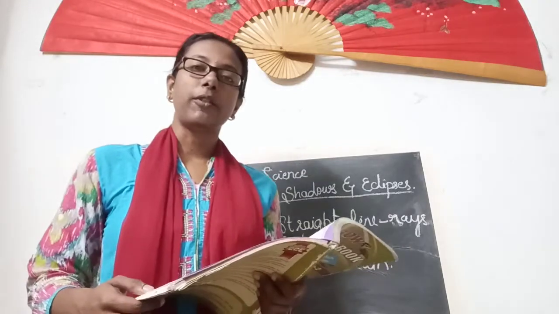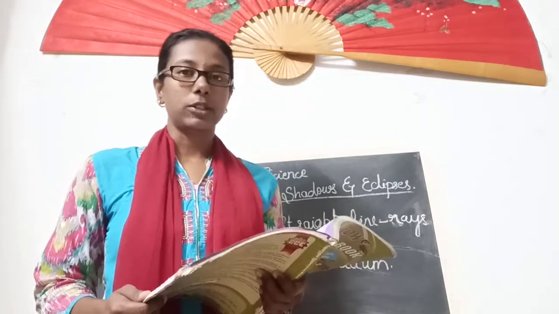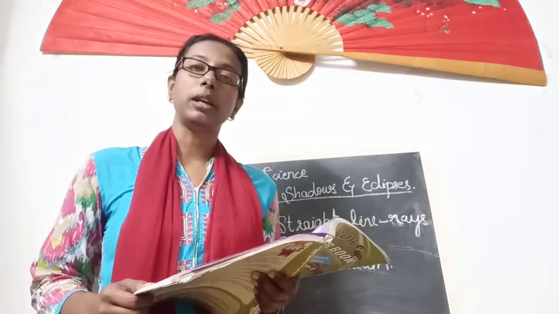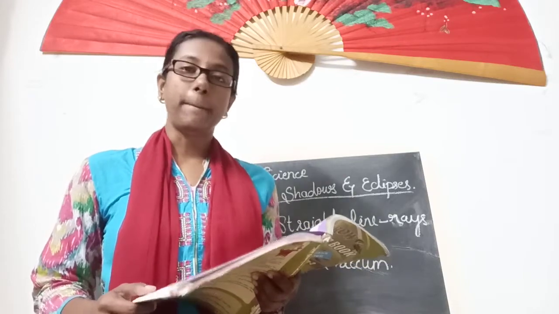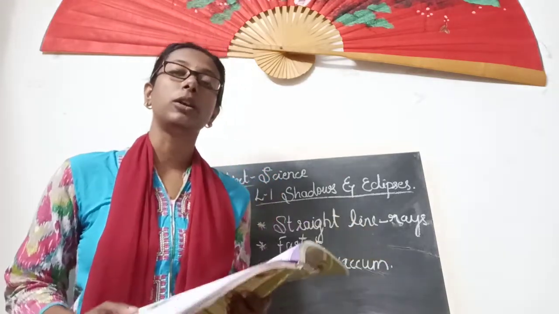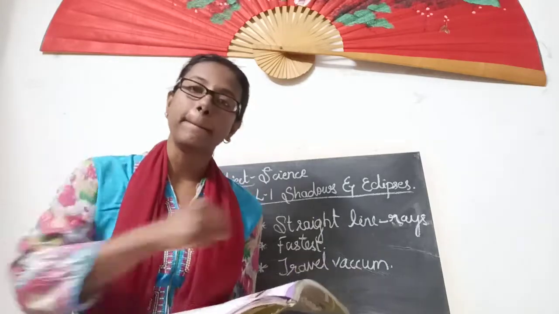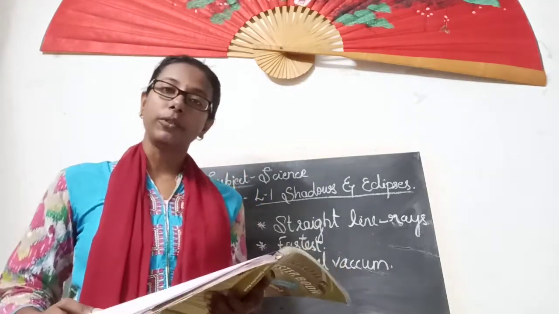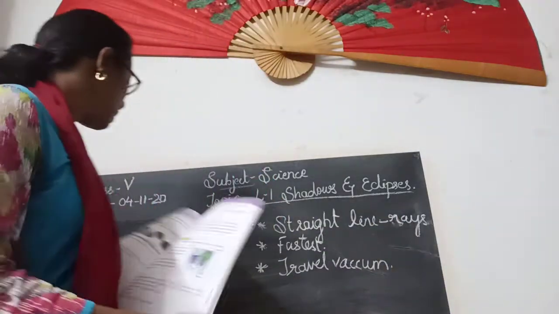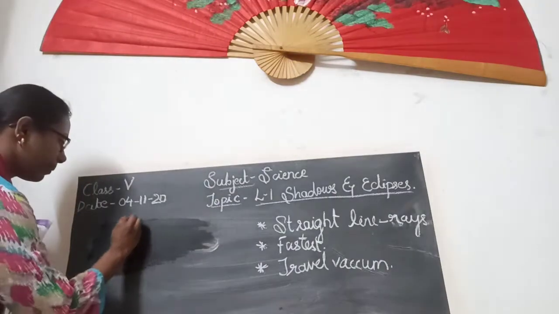So we classify objects into 3 kinds depending on how the light will pass through them. So the first object is opaque.